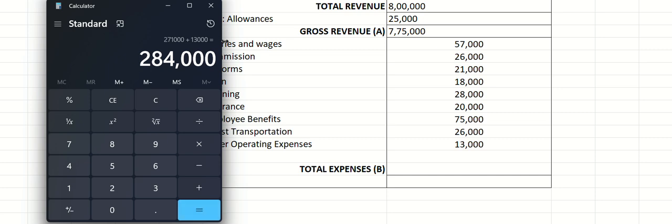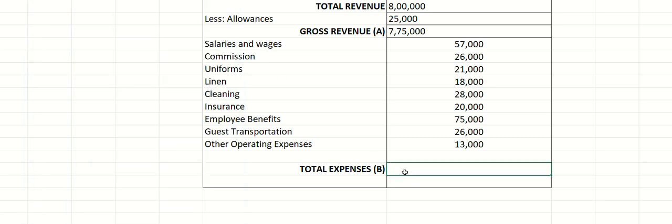The total expense is 2 lakh 84,000. I am writing it here as 2 lakh 84,000.